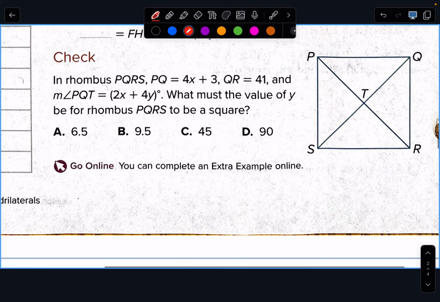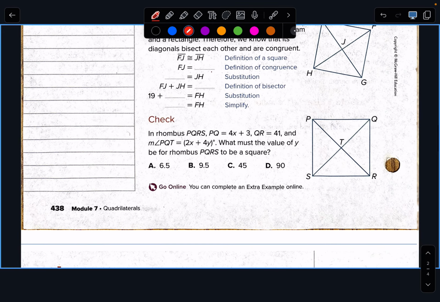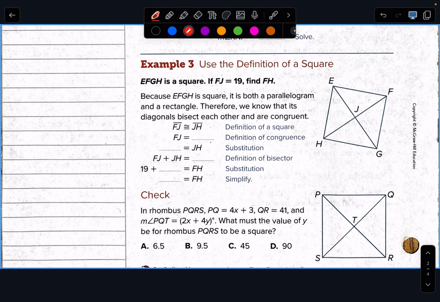Okay. I want you to come down here. All right, so FJ, if FJ is 19, what's the entire diagonal FH? 38. Yep. Somebody raise their hand and tell me how I would find EF.